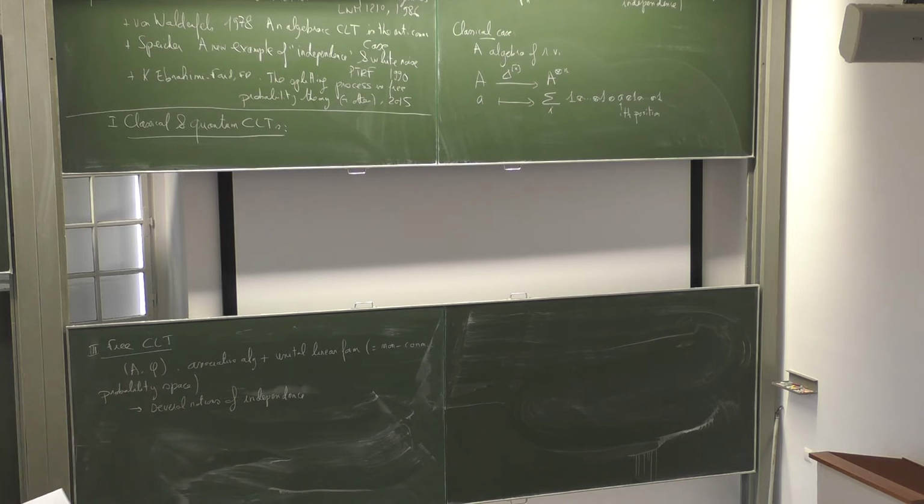So, for example, if you start from the definition of independence for classical random variables and you think of this data as a sort of non-commutative generalization, there's a notion of independence that is natural, which is called tensor independence, which really reflects from the algebraic point of view what happens in the commutative world.